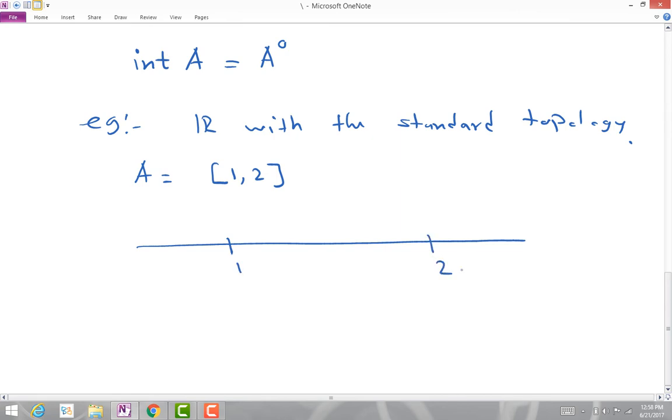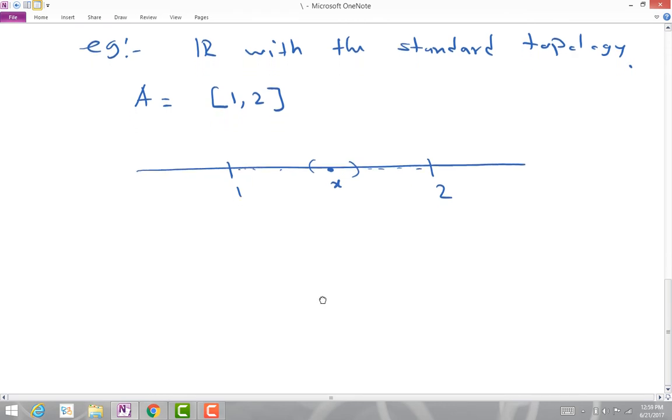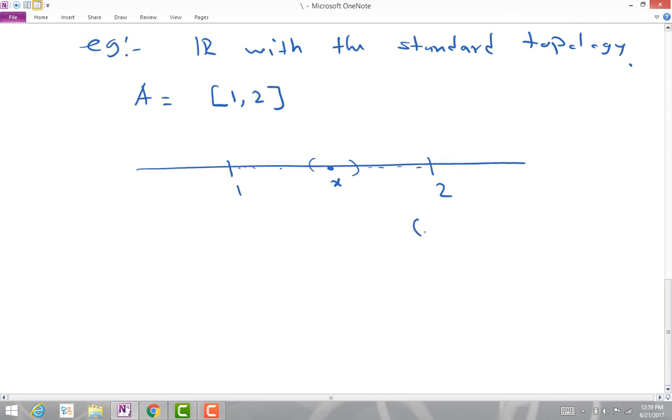If I take a point X inside (1, 2), then I can always find an open interval that contains X and is within [1, 2]. So if I take any point other than the endpoints, these are going to be interior points. So I know that (1, 2) is going to be a subset of the interior of A.